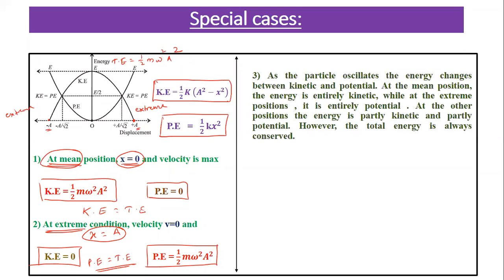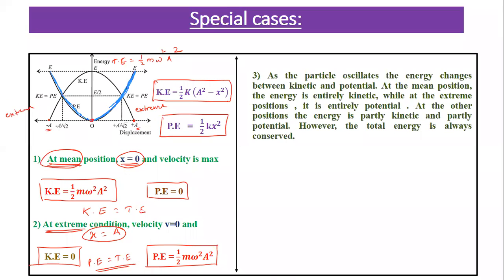Now after that, as the particle oscillates, energy changes between kinetic and potential. At the mean position, the energy is entirely kinetic energy. You can see here is the mean position. So this is the potential energy graph. Let me show the potential energy graph by blue line. You can see this blue line is the potential energy graph. Okay.